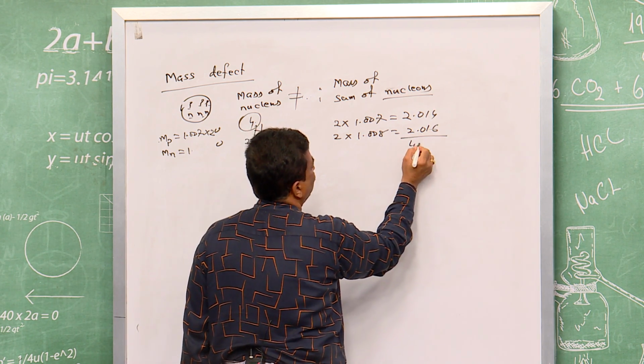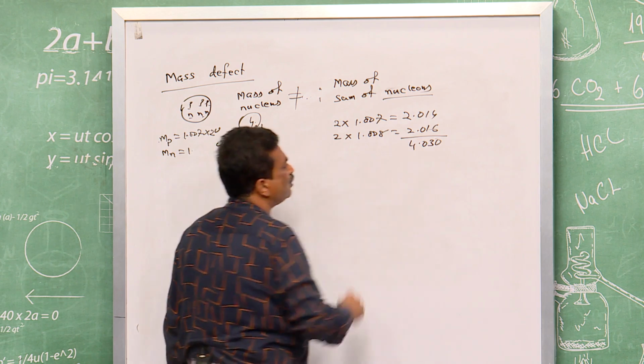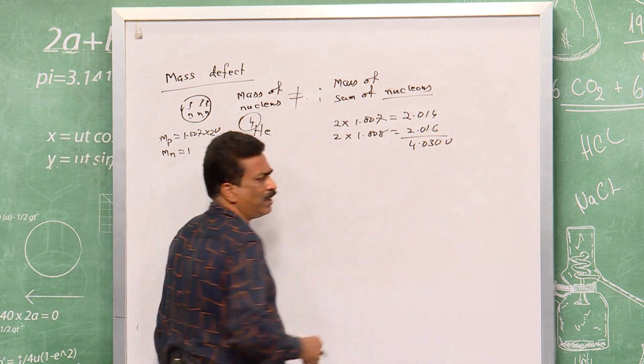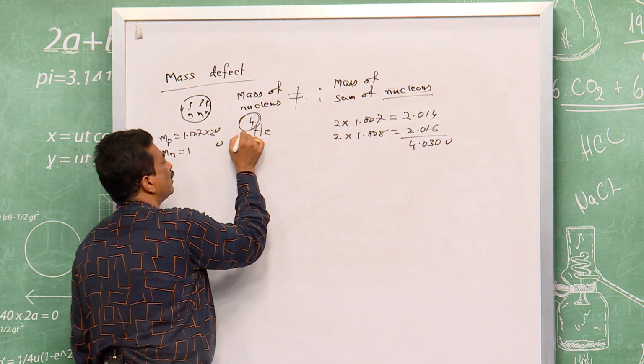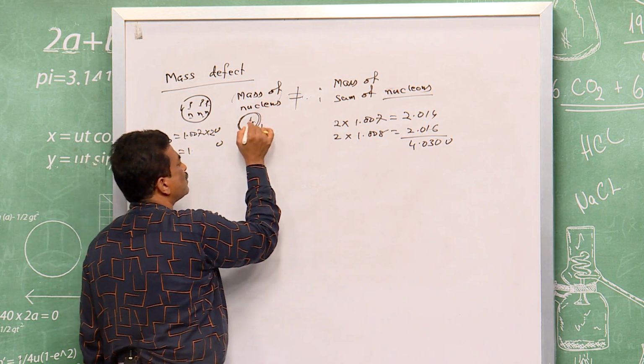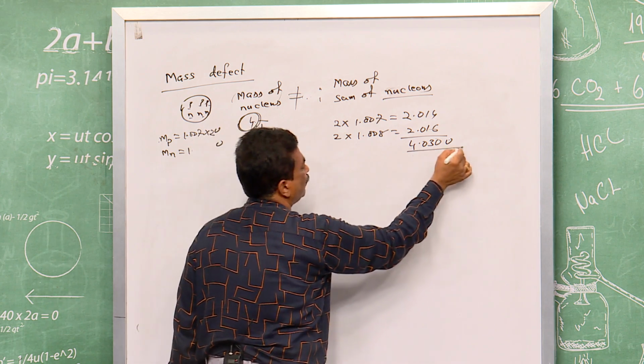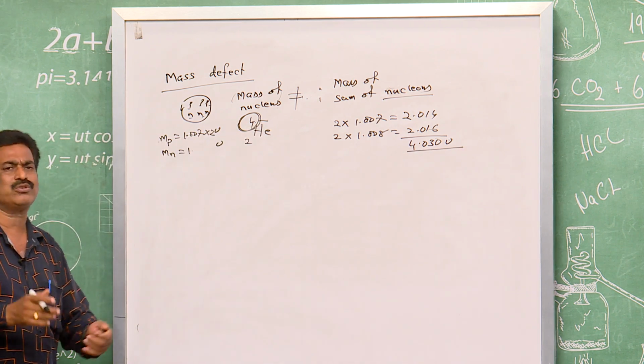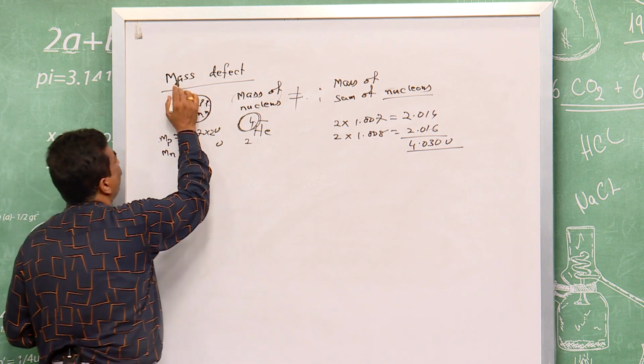If you add them, it is 4.03 AMU. But we have written that as 4. So this is the mass of the nucleus and the mass of the nucleons. They are not the same, and that difference is known as the nuclear mass defect.